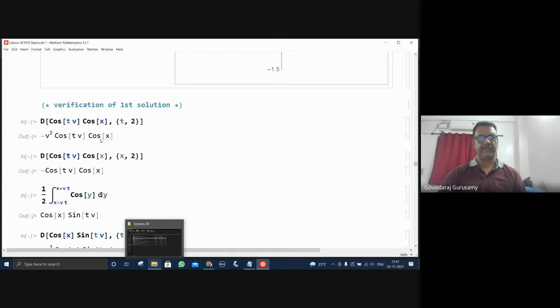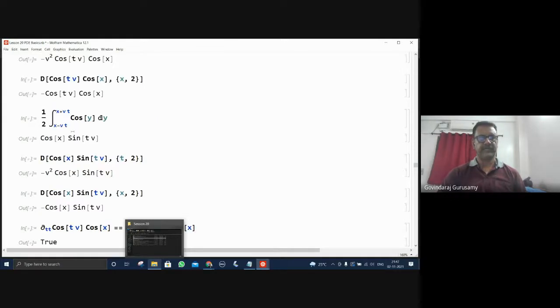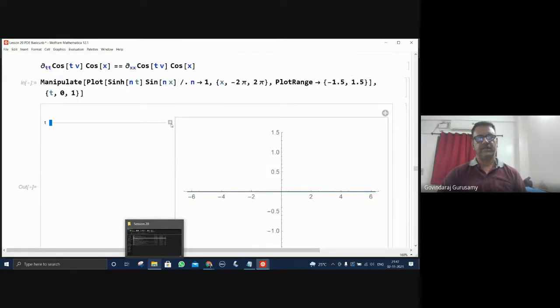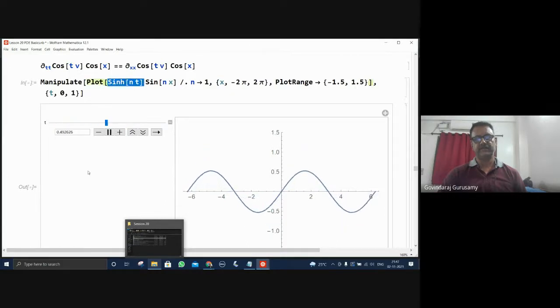Okay. And you can verify, of course, by substituting them. You can integrate and check it also. The integrated solution will also satisfy. Then again, you can check with the other solution also, and make sure that you know what happened. I'm just replacing this solution's initial condition with sinh of t also, and that is also satisfied.